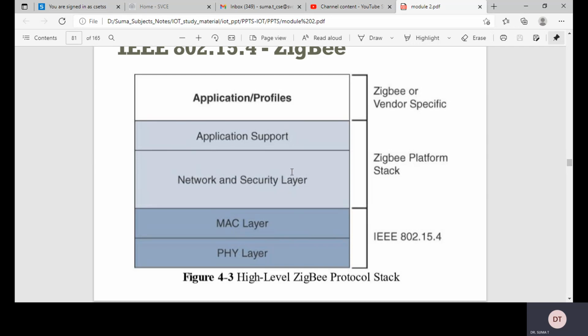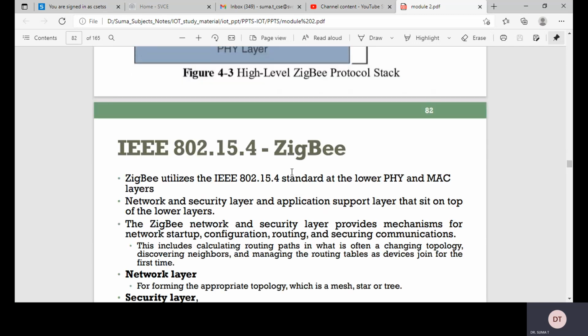IEEE 802.15.4 is the base layer, which contains the MAC, the media access control layer, and the physical layer. The ZigBee platform stack will have the application support, network and security layer. Then we'll have the application. ZigBee as a vendor specification will have application profiles.